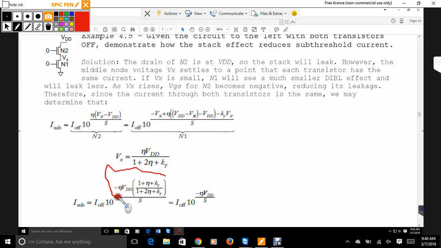To reduce it, it essentially becomes that, right? It becomes this, and then it's approximately equal to just this value here.